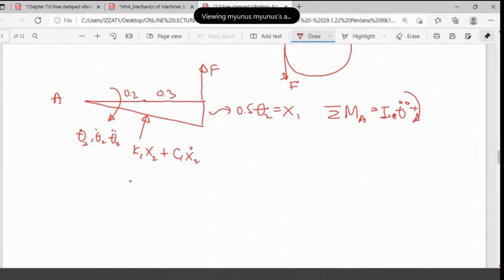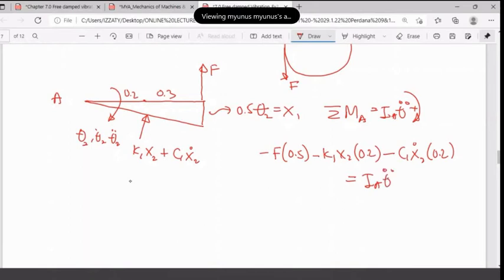So you will have negative F multiplied by 0.5, minus K1 x2 multiplied by 0.2, minus C1 x2 dot multiplied by 0.2. Then those are the only forces acting on the system, isn't it? So that is equal to I about A theta double dot. It's not very difficult, isn't it?